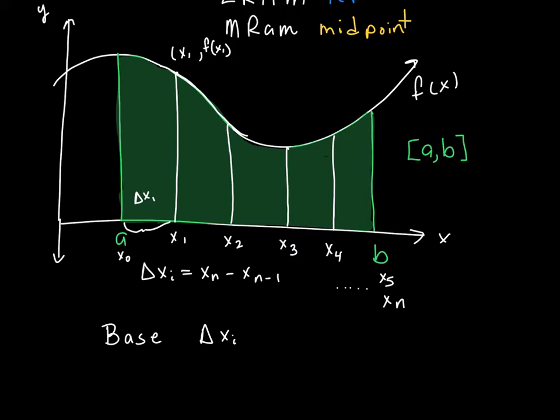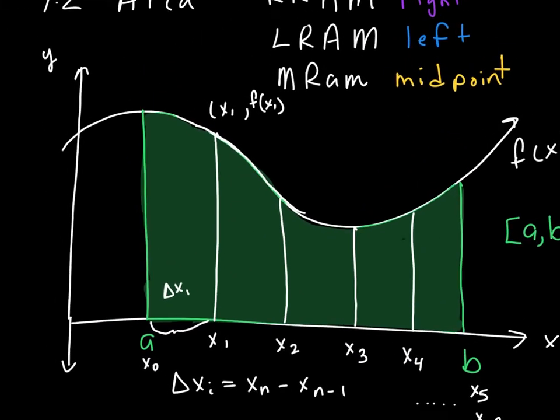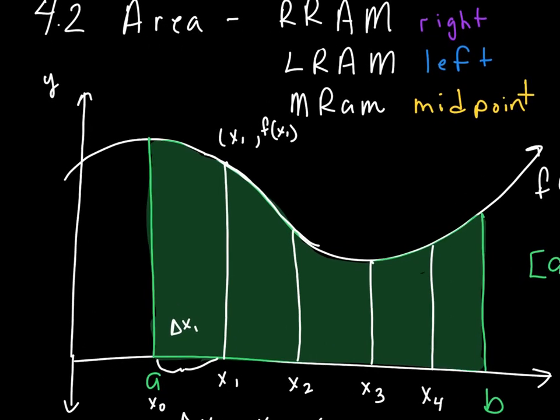Now, what about the height? The height we can do several different ways. And I'm going to pull this back down and make this a little bit bigger so we can talk about the different ways I want to look at this.